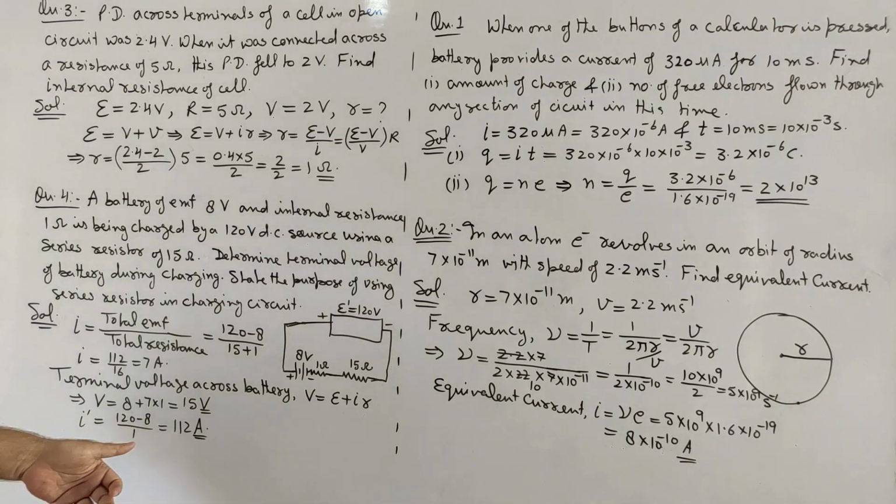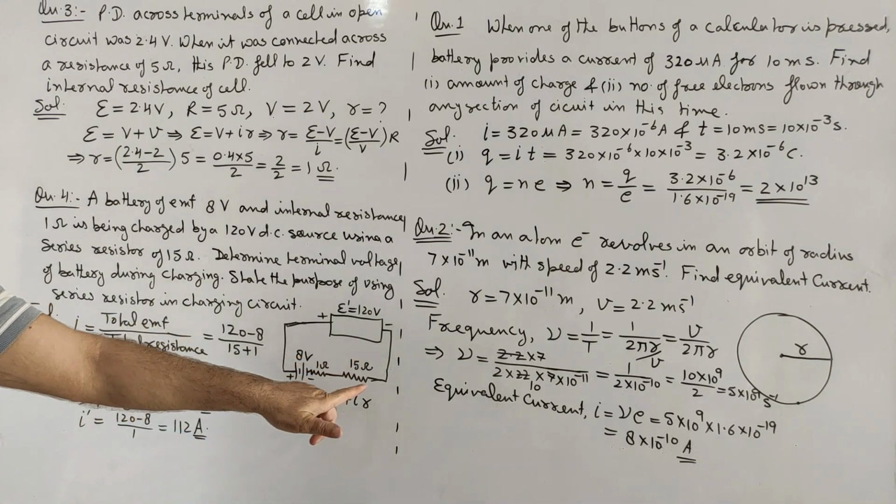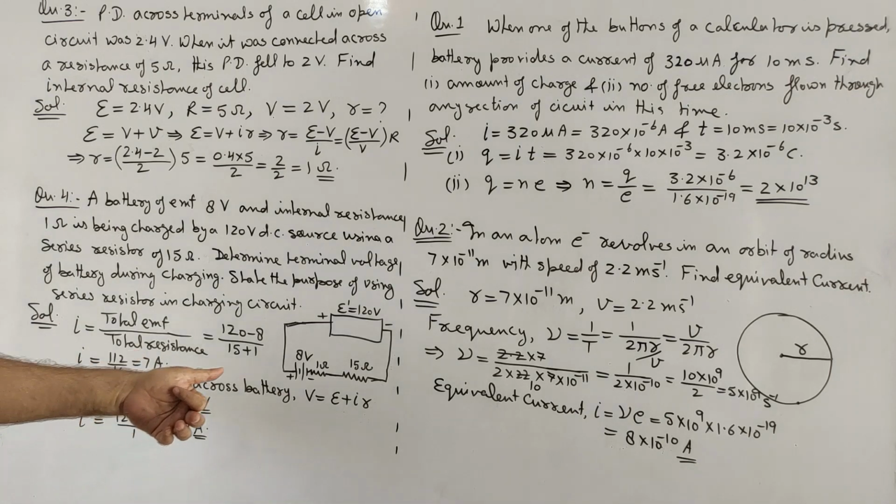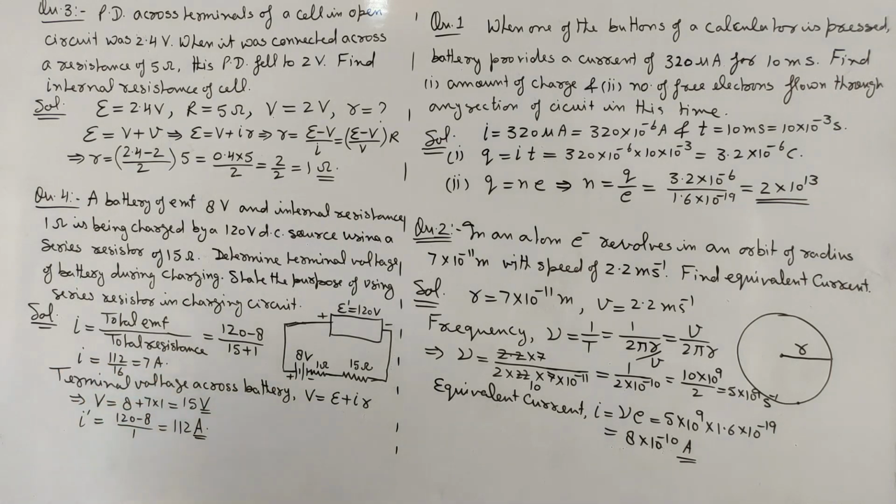So to limit this large charging current in the absence of a series resistor, we are using a series resistor, so that the current which is charging the battery may be reduced to 7 ampere.